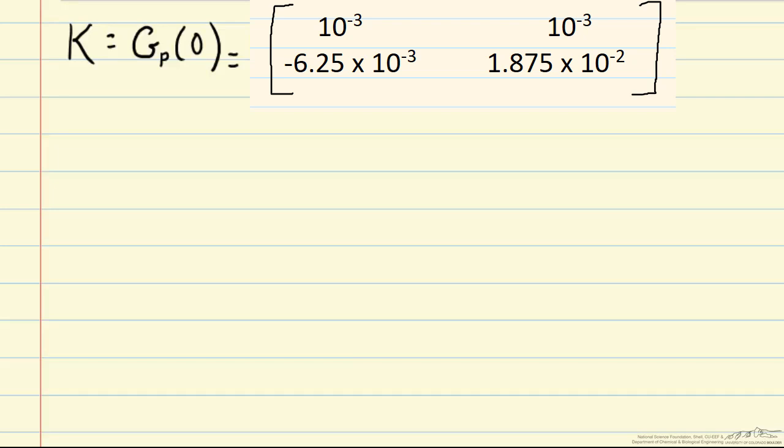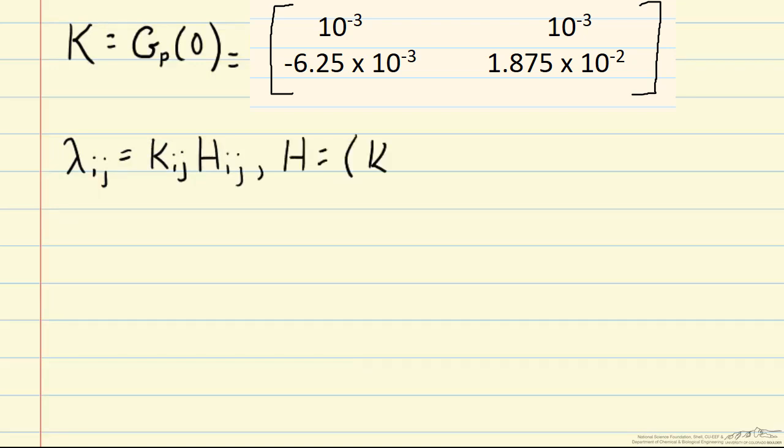But sometimes it's not so obvious to see that from the steady state gain matrix, and so we can use the relative gain array, where lambda ij is just equal to kij, so we pick off the corresponding element of K, multiplied by hij, where we define H as K inverse quantity transpose.